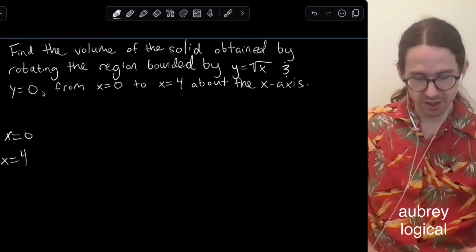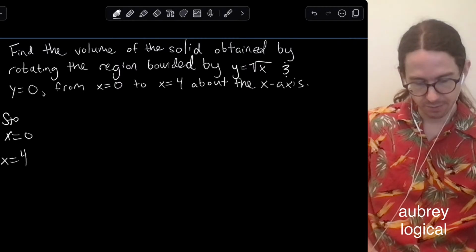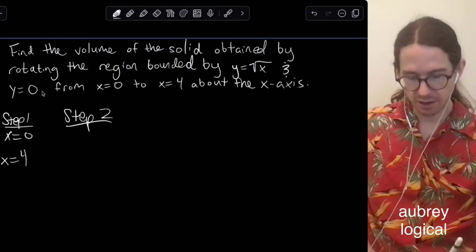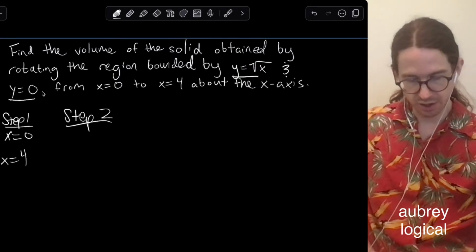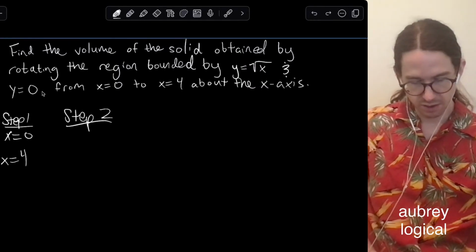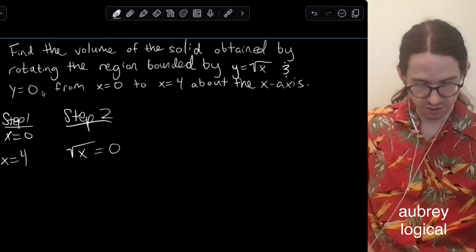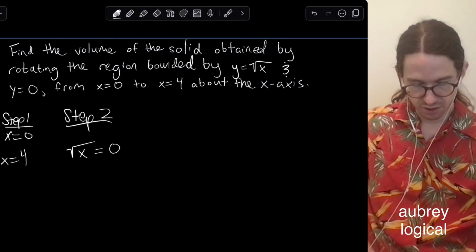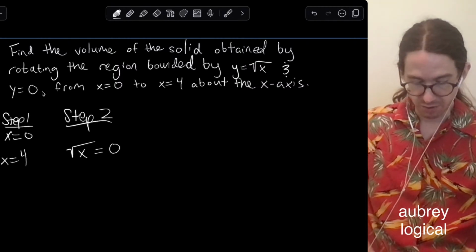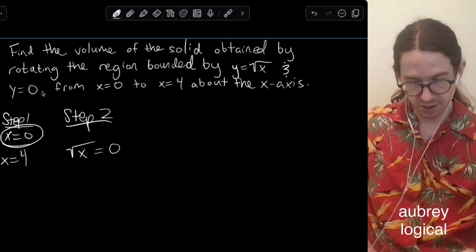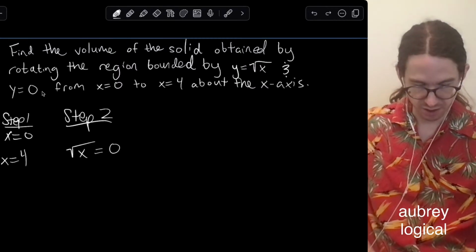Okay, so then step 2. We're going to set our y equations equal to each other. So it's going to be root x is equal to 0. That would just mean that x is equal to 0, which we already know, so that's not really any help to us.